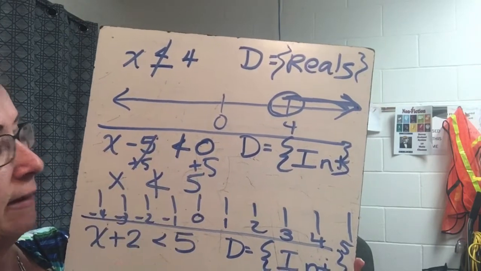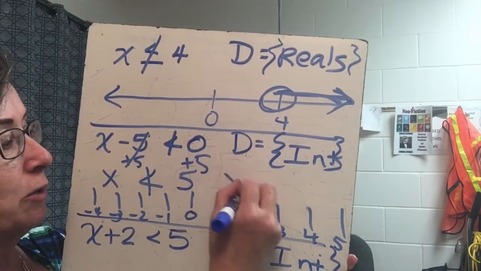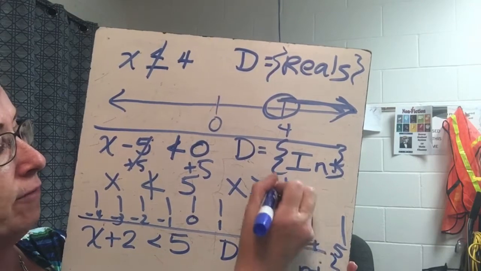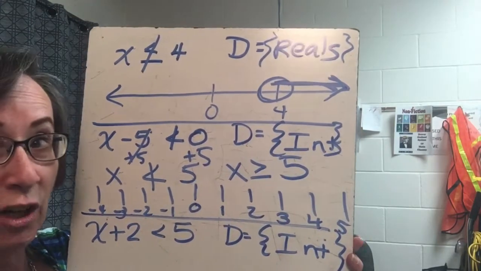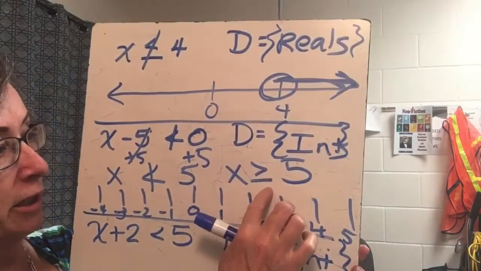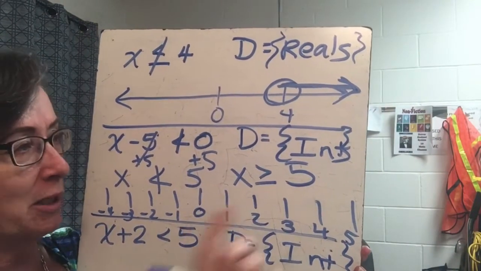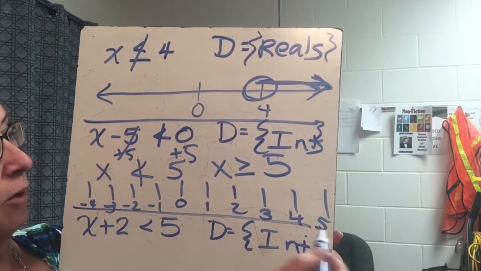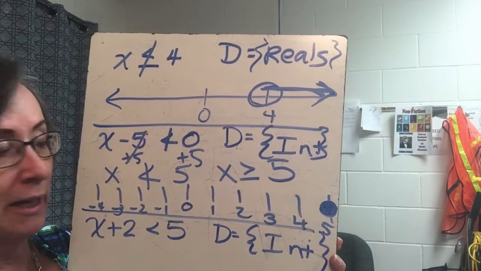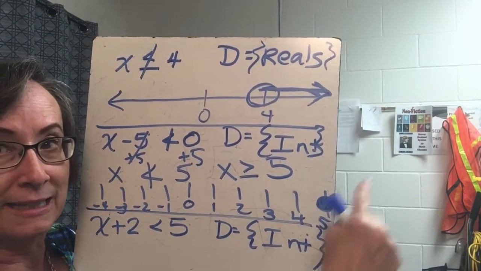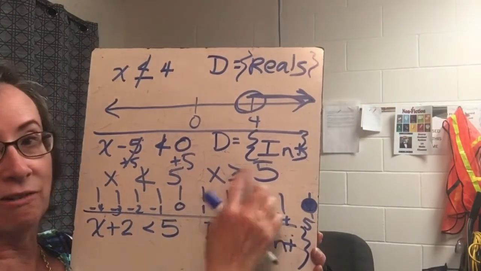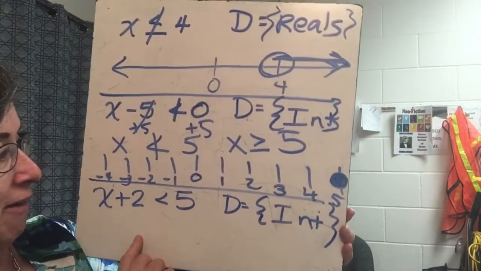Now, if it's not less than 5, then could we write that as greater than or equal to 5? If it's not less than 5, then it could be 5, and it could be greater than 5. So we're going to graph this, but I'm going to remember to only graph the integers. So here is 5, and guess what? I'm off my chart because 5, 6, 7, 8, 9, it's going to go off in that direction, isn't it? Because it's greater than 5, and I could not graph very many of those.